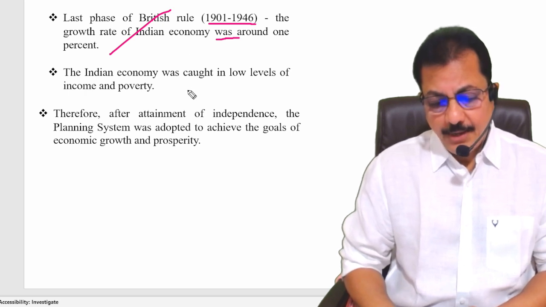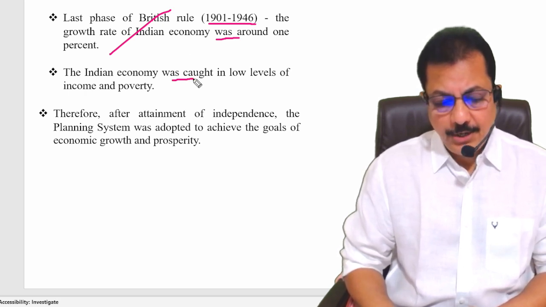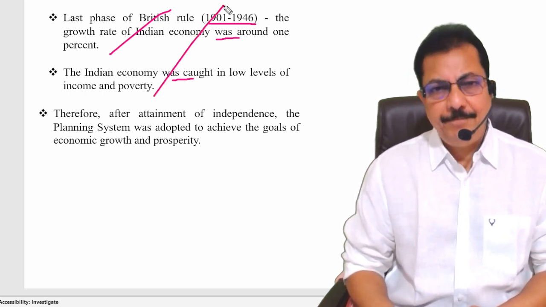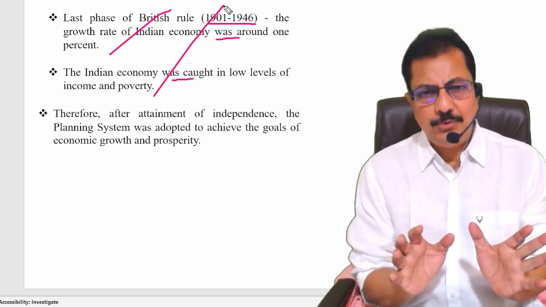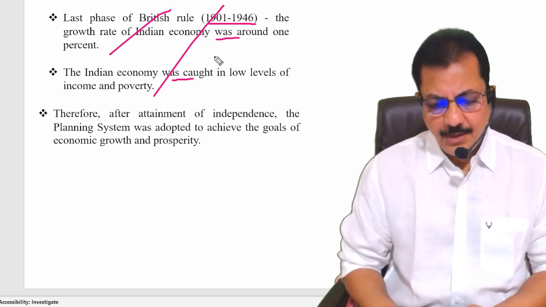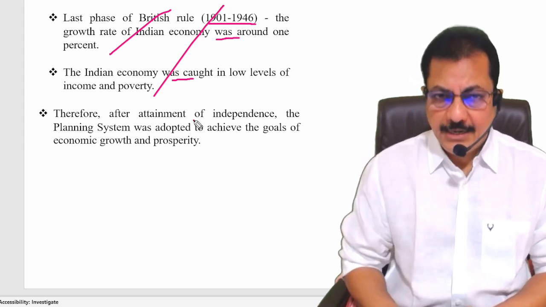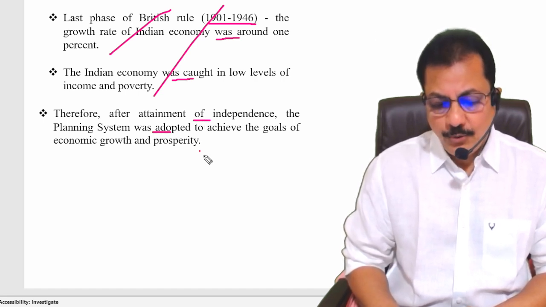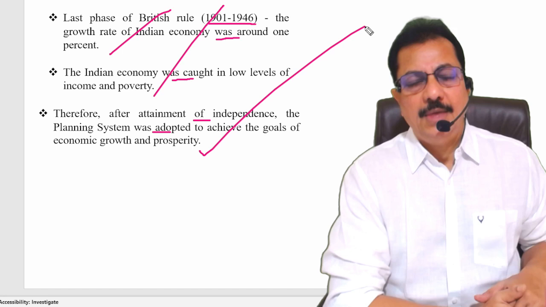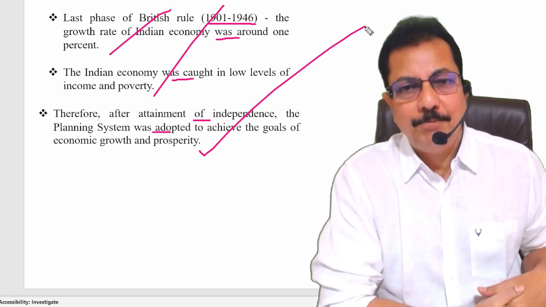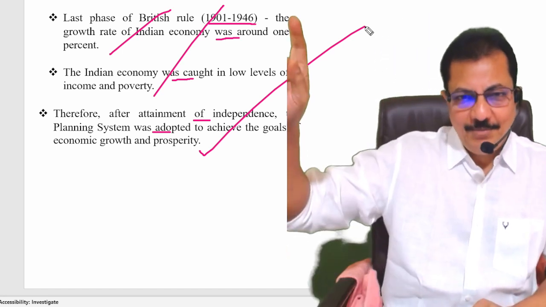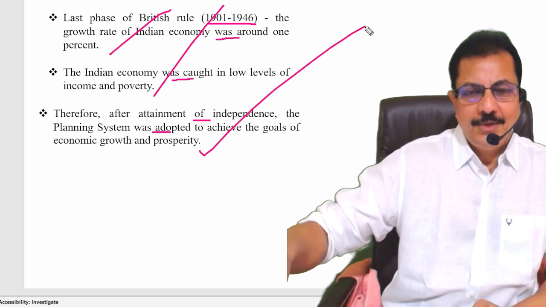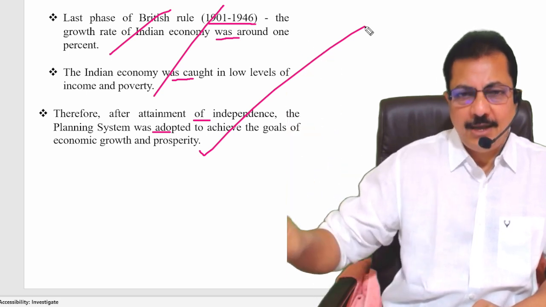Next, the Indian economy was caught in low levels of income and poverty, and all the blame we have to throw on the British. Therefore, after attainment of independence, the planning system was adopted to achieve the goals of economic growth and prosperity. Economic growth is the objective, prosperity is the objective.